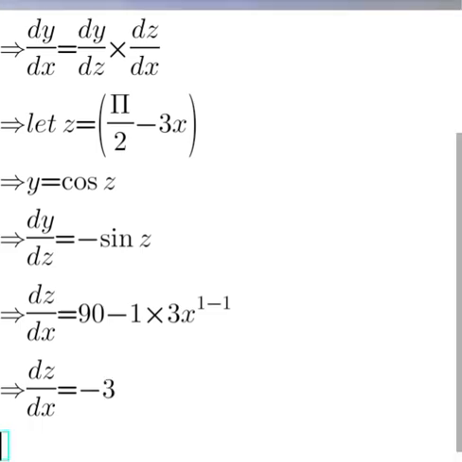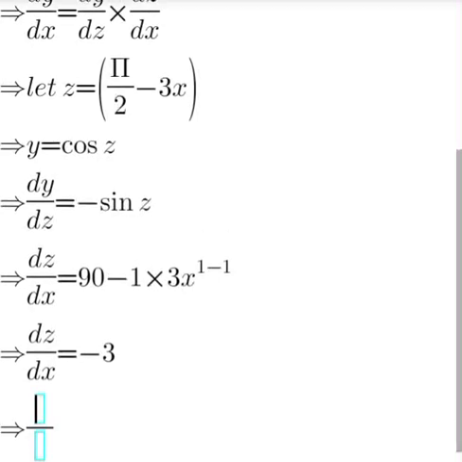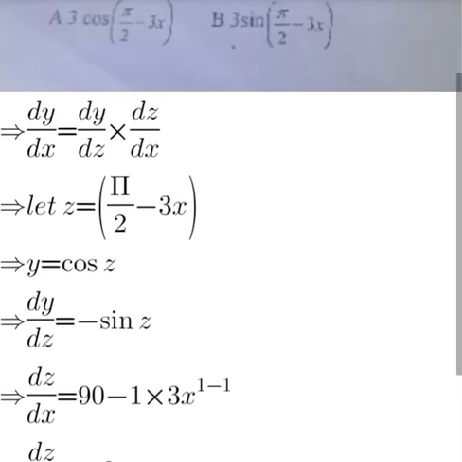So now, if we still want to find dy over dx, of course, remember that dy over dx is equal to dy over dz times dz over dx. So this implies that dy over dx is going to be equal to dy over dz.